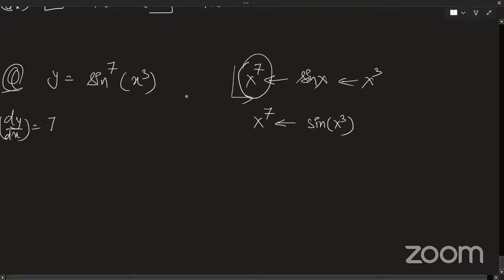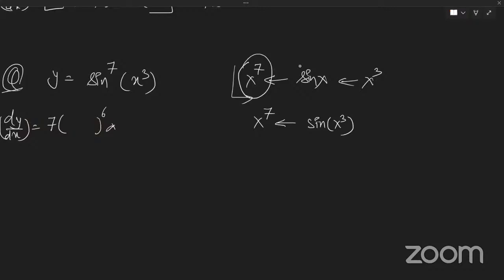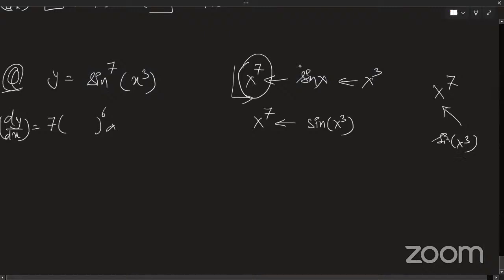Yes, correct. 7 something to the power 6. What have I substituted in place of x? Sine of, yes, tell me, sine of what have I substituted in place of x? Sine of x. No, that is the mistake you are making. Yes, exactly. See, x raised to 7 के अंदर मैंने sin of x cube डाला है, sin of x नहीं डाला है, so it will be sin of x cube multiplied by, okay, multiplied by, we will just move ahead.